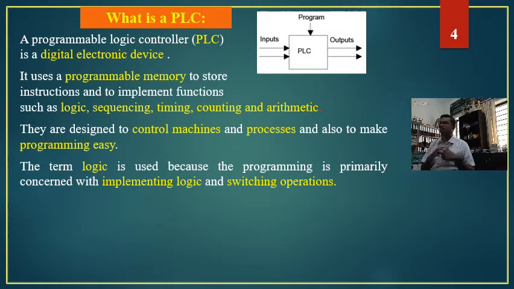Logical because often a system needs to take decisions on what to do if the flow in a line increases, or what to do if the flow in a line decreases. Accordingly it has to take a decision and switch over.